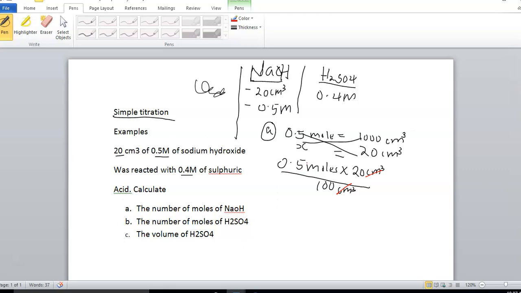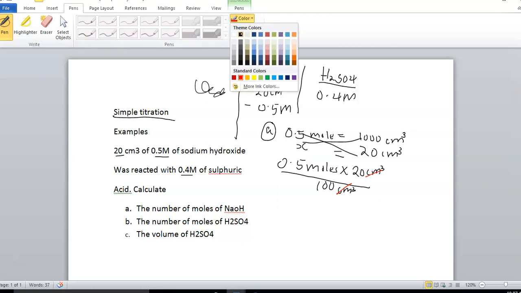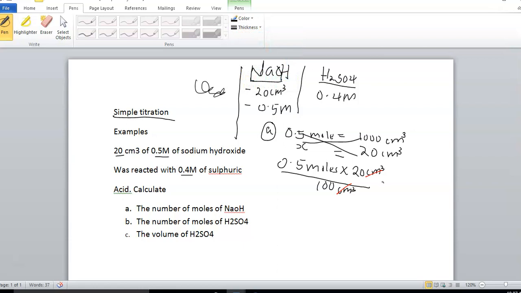When you do that multiplication, 0.5 times 20 is 10. Then 10 divided by 1000 gives 0.1. So the number of moles of sodium hydroxide is 0.1 mole.